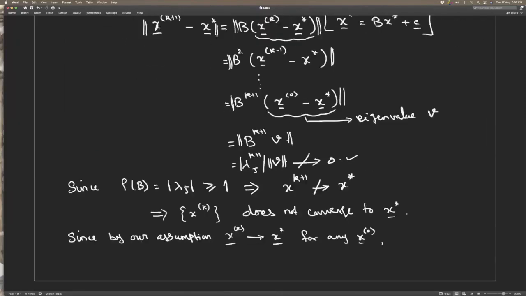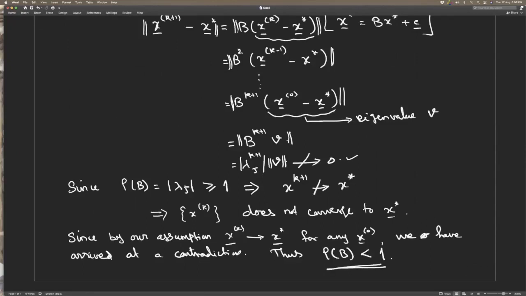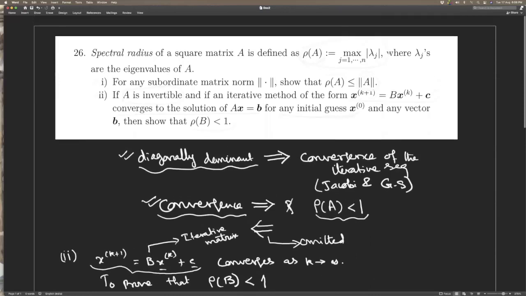Therefore, we have arrived at a contradiction, and that shows that the spectral radius of the iterative matrix should be strictly less than 1 always, provided your sequence converges to the exact solution for any initial guess that you take. So that's an interesting result.